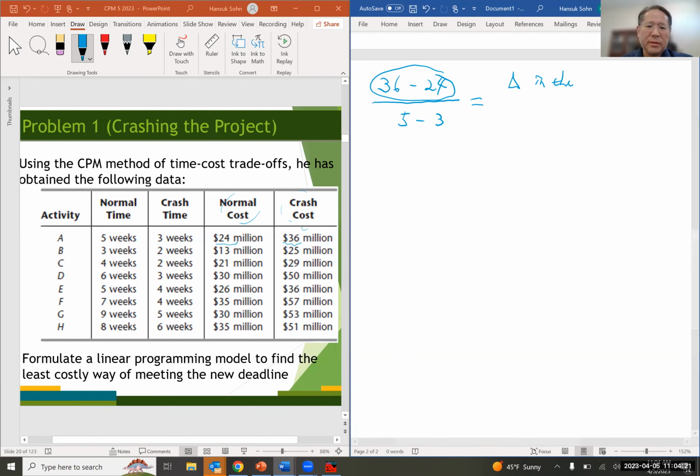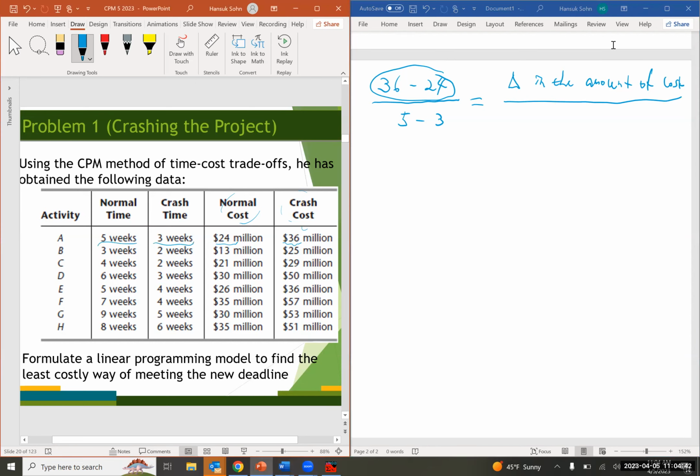Let me disable my camera again. So the change in the amount of cost over the change in the amount of time. So 5 minus 3, that's going to be the denominator down here. That's the change in the amount of time. Okay.